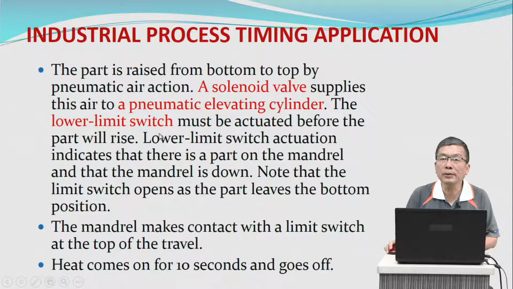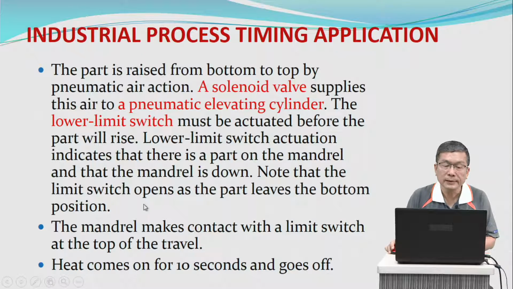The lower limit switch must be actuated before the part will rise. Low limit switch actuation indicates that there is a part on the mandrel and that the mandrel is down.